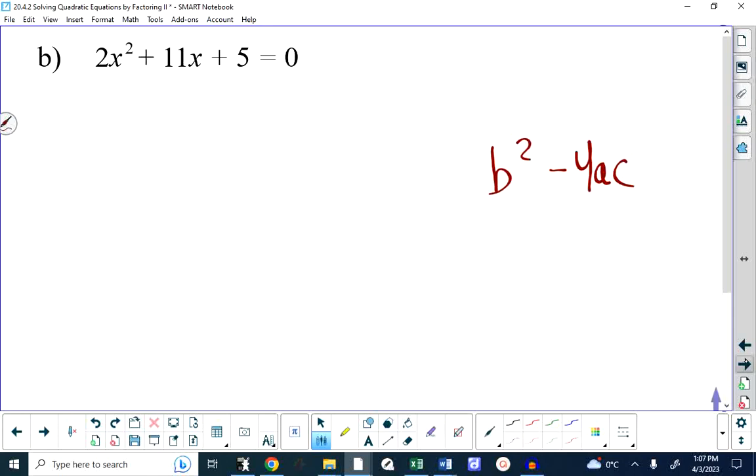And by the way, in this particular equation, a is 2, b is 11, and c is 5. Do you see where I'm pulling those numbers from, a, b, and c? Okay. I would like everybody to calculate b squared minus 4ac.